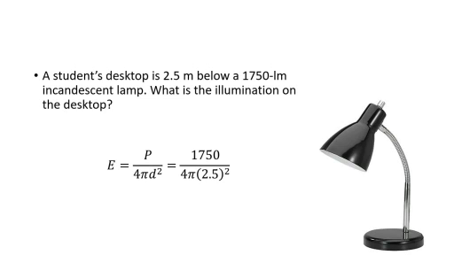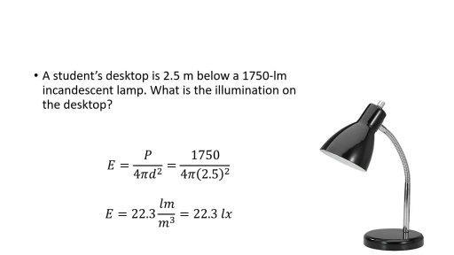We take how much power is being produced by that lamp, which is 1750, divide it by 4 pi times 2.5 squared, and we get our answer of 22.3 lumen per square meter, which is our lux. So we would say it's about 22.3 lux.